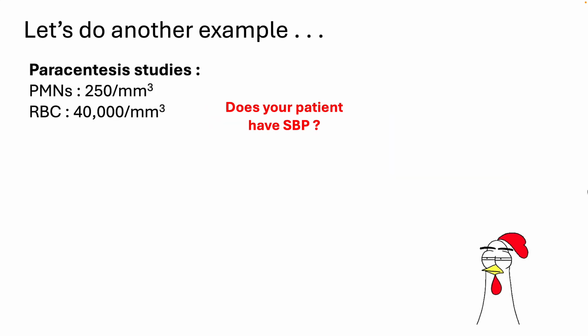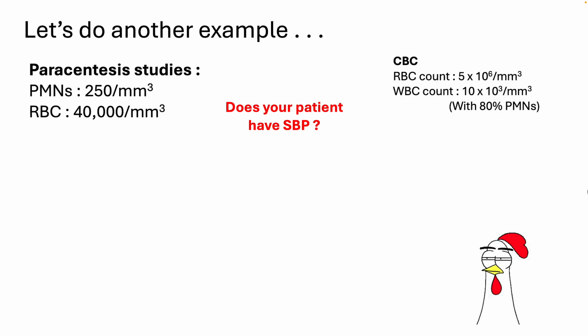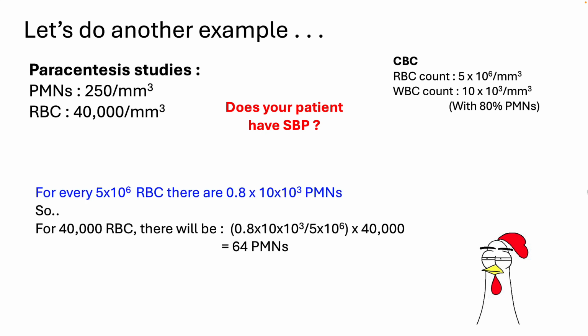Let's do another example. You performed a paracentesis and found that the PMN count is 250 and your RBC count is 40,000. The question is, does your patient have spontaneous bacterial peritonitis? You look at the CBC and find the RBC count to be 5 million and WBC count of 10,000. Since 80% are PMNs, we will take 80% of the WBC count.